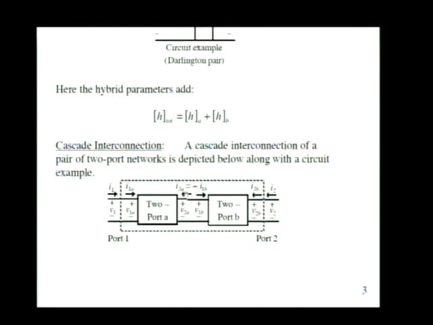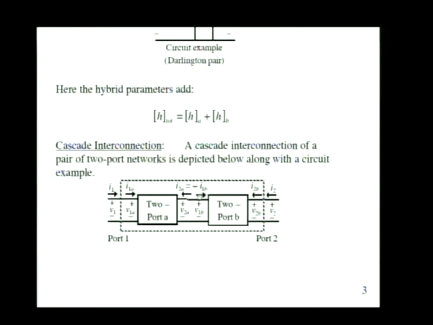So I2 of two-port A flows into port 2 of two-port A. I1 of two-port B is defined as flowing into port 1 of two-port B, and they are negatives of one another, since that's one and the same current, just defined in two different ways, defined to be in different directions.